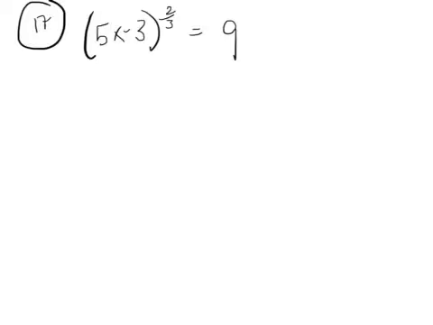Here's another rational exponent equation for us to try out. I've got (5x minus 3) to the 2/3 equals 9. So I'm going to raise both sides of this equation to the 3/2 power. On the left side now, I just have 5x minus 3.